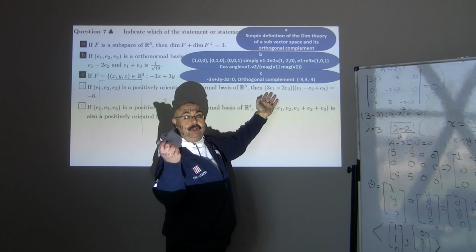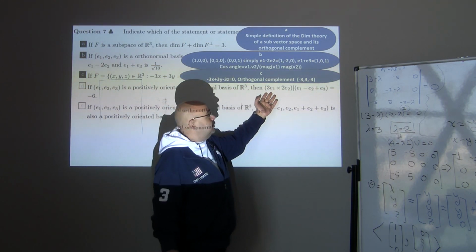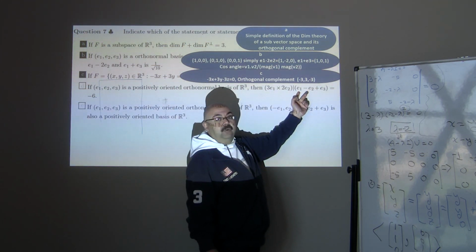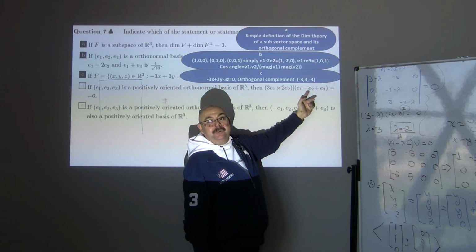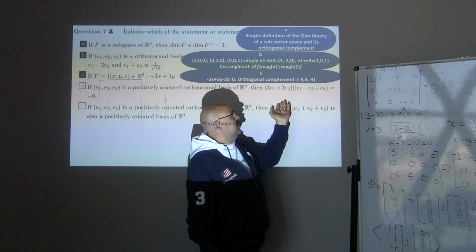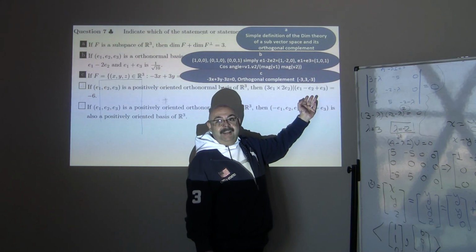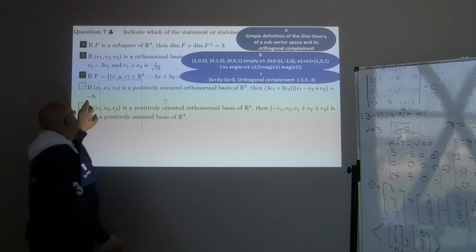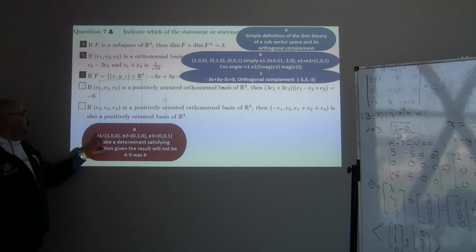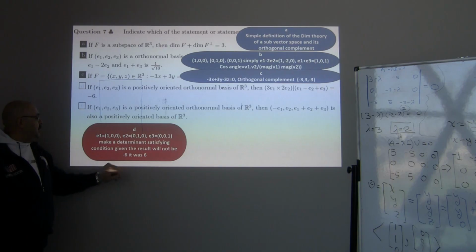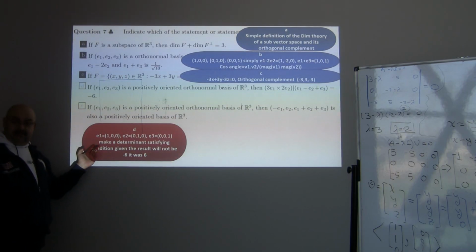Then I will make a dot multiplication, the inner product, with the vector E1 minus E2. Add them together, so it's simply 1, negative 1, and 1, and see if the condition he is stating, equal to negative 6, holds or not. It's not going to be negative 6. Make a determinant satisfying the conditions.